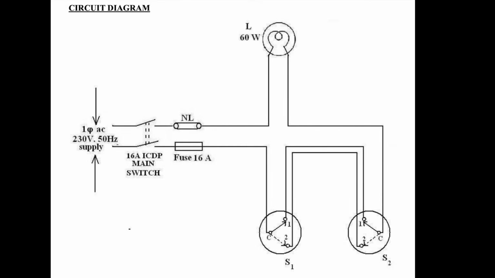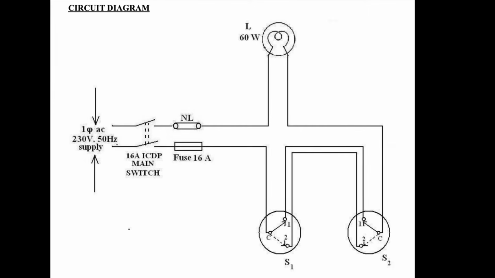Okay, likewise, when both the switches S1 and S2 are in condition C2, that is when there is a connection between the common point and the terminal 2 of both switches S1 and S2, then the current will reach the lamp and hence the lamp glows.